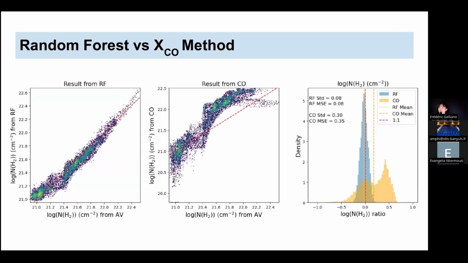When we compare our result from the random forest with the result from the traditional CO-to-H2 conversion factor, we can see that our result has a much more linear relation with the reference column density. It also has a smaller bias and smaller standard deviation.